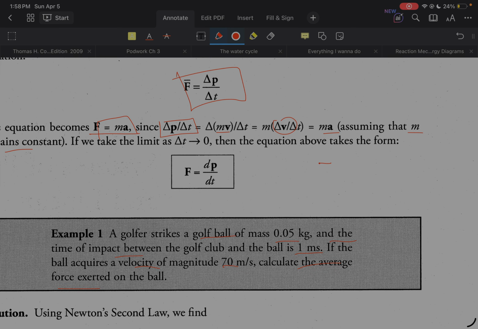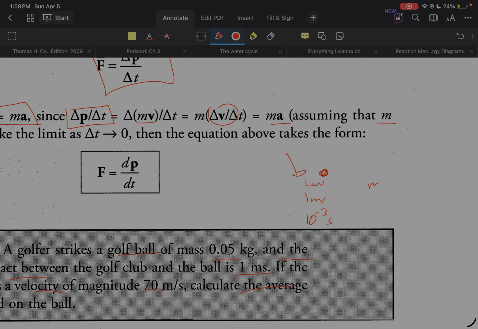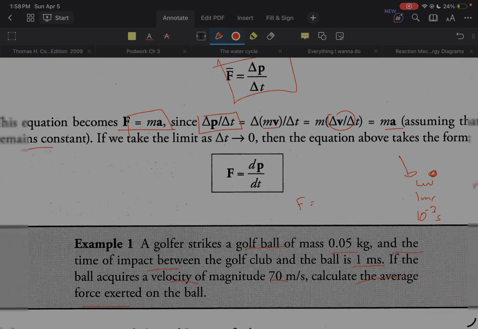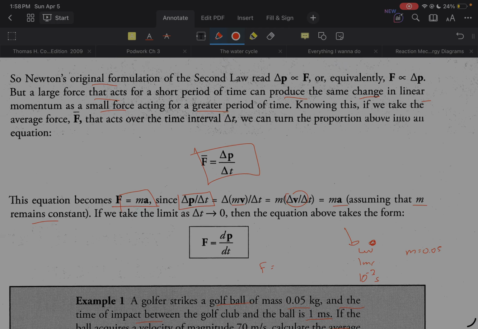Okay, so we can start with our picture over here. This is the golf ball, this is the club, and we have 1 millisecond, so that's 10 to the negative 3 seconds. I think that'll also be on your AP sheet if you want. Since we know the mass is 0.05, we can find the force applied, which is equal to the change of momentum over the change of time.